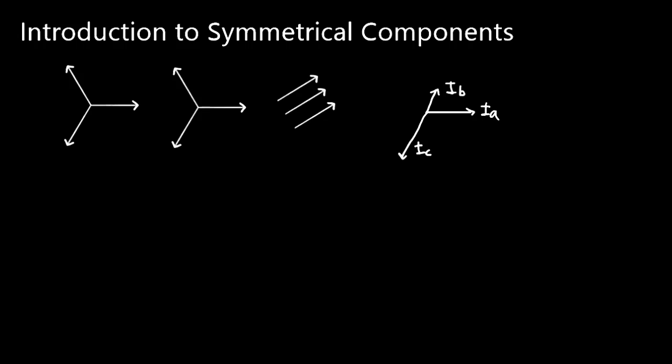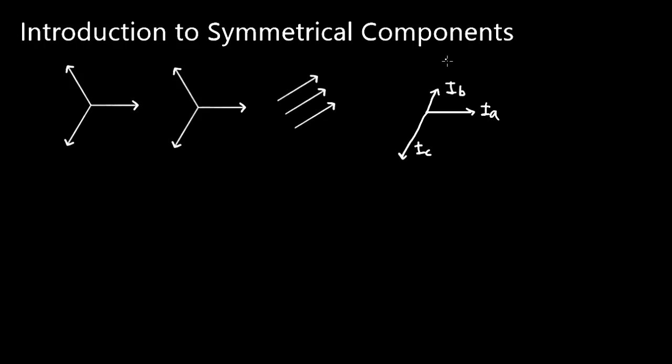So during what we call unbalanced faults, meaning single line to ground, line to line, or double line to ground faults, the system becomes unbalanced, meaning that the quantities between all three phases are not the same. So the magnitudes of currents and voltages between the A, B, and C phases don't have the same magnitude, and they're not spaced out 120 degrees from each other. So we could have something like this during a fault where the system again becomes unbalanced.